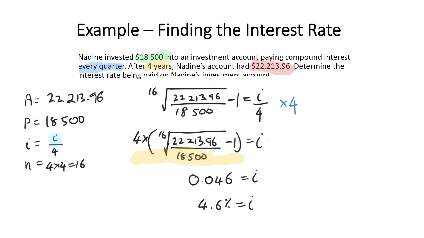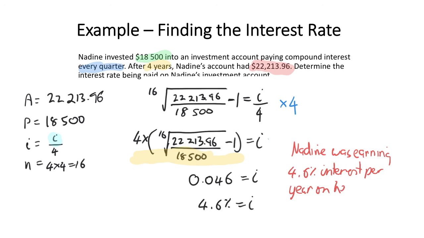Because it is a word question, I want to answer my final answer as a word answer. So it is going to be: Nadine was earning 4.6% interest per year on her investment account.